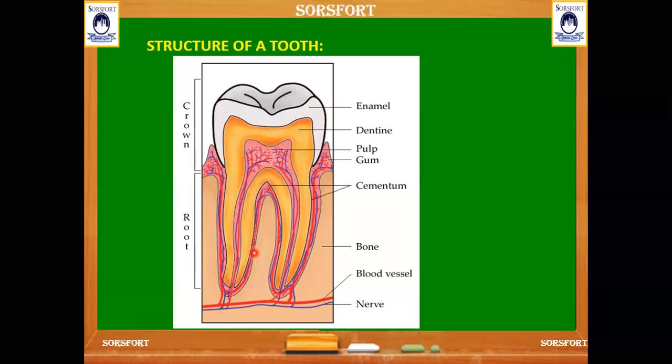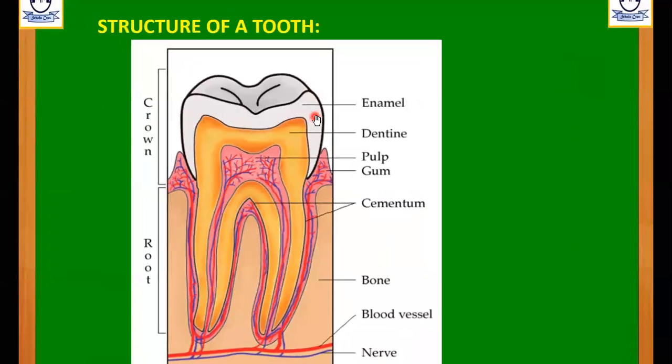These are the parts of the tooth. Enamel is the protection for the crown part. The crown part is the upper part of the tooth, which is covered by enamel. Then comes the dentin, and the dentin's outer part we call cementum, which fixes the tooth in the jawbone.